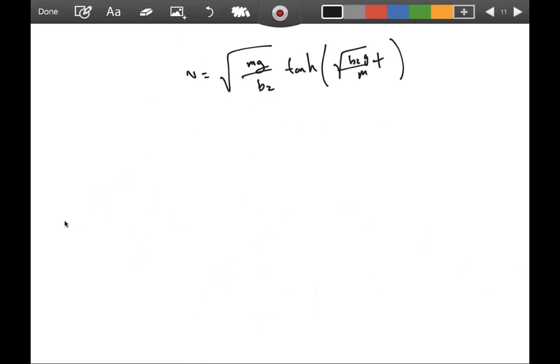So basically, what happens then? For hyperbolic tangent, this thing asymptotes for large times or large arguments simply to 1. So what happens then is that in the limit that t goes off to infinity, my hyperbolic tangent of x simply goes to x.